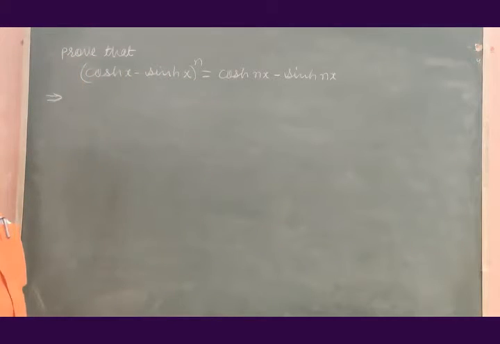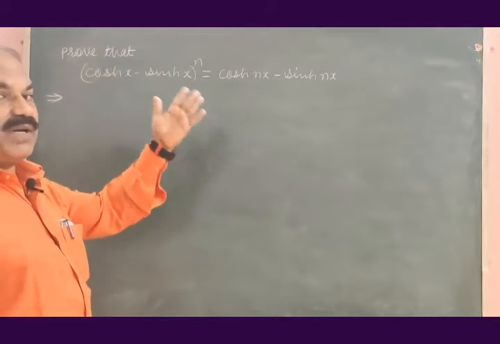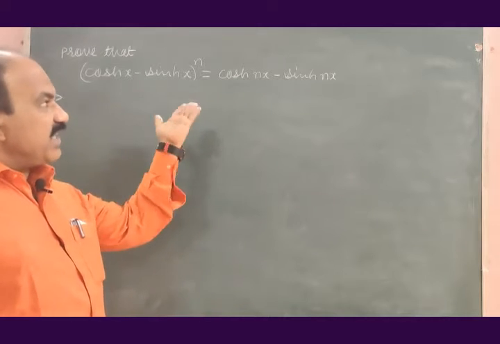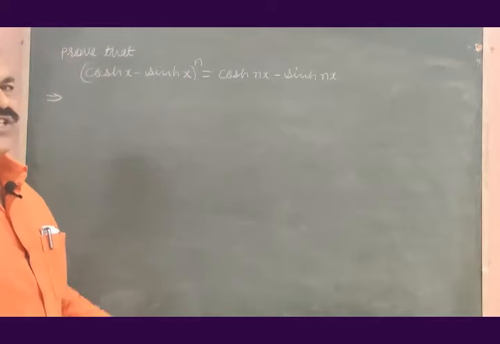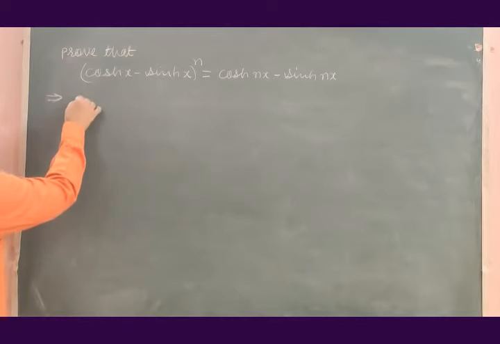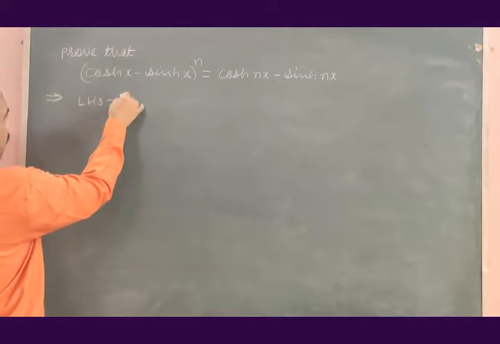Prove that cos hyperbolic x minus sin hyperbolic x, bracket to the power n, is equal to cos hyperbolic nx minus sin hyperbolic nx. Let us see how to do it. Let me first consider LHS of this. LHS is equal to this bracket.